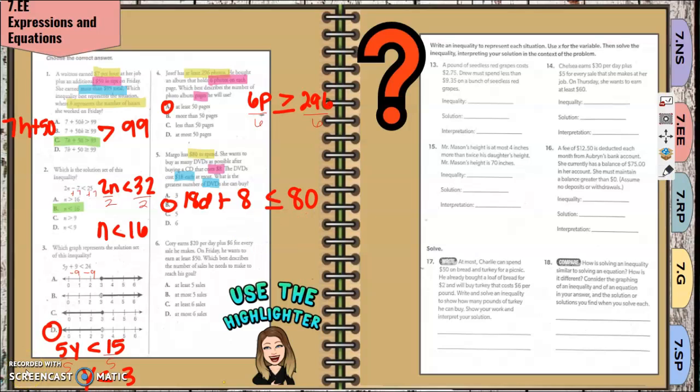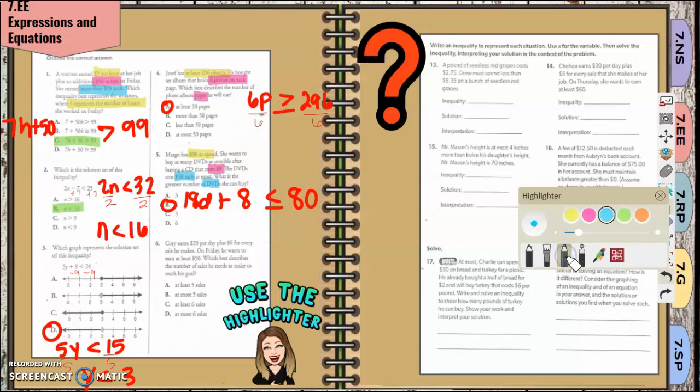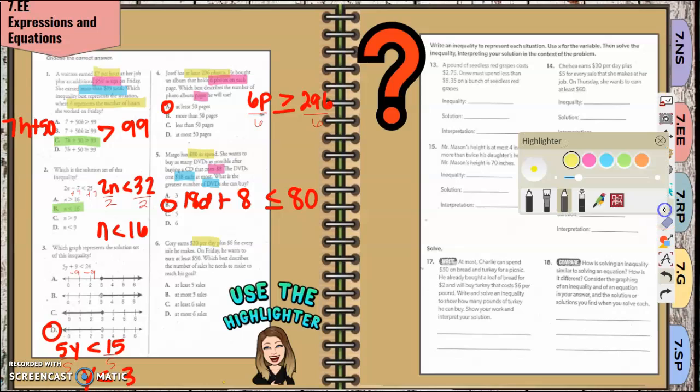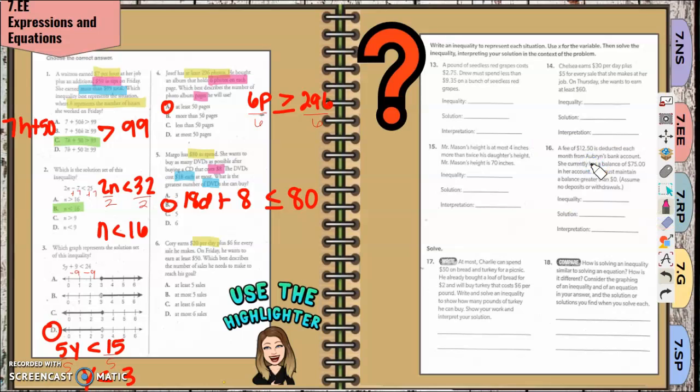Corey earns $20 per day plus $6 for every sale he makes. On Friday, he wants to earn at least $50. Which best describes the number of sales he needs to reach his goal? So we're breaking this down to find the important parts of our word problem. So he earns $20 each day plus $6 for every sale he makes. So the $20 he makes regardless of how many sales.